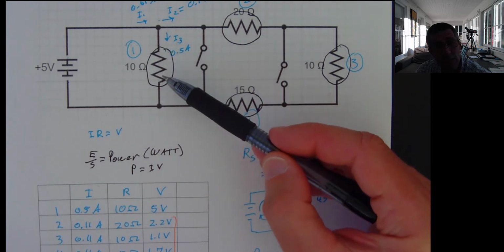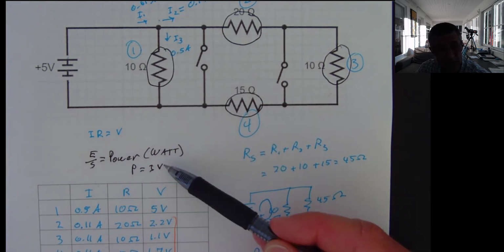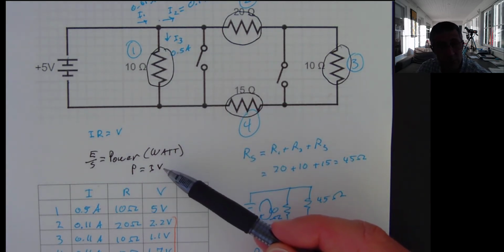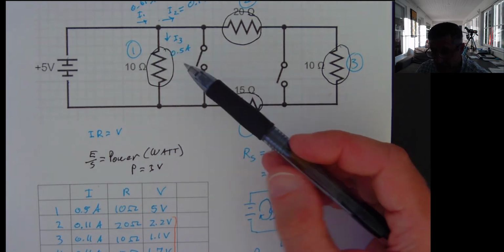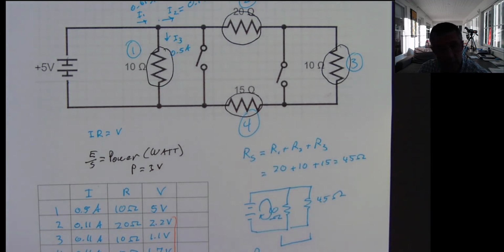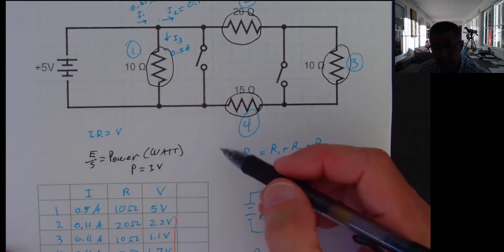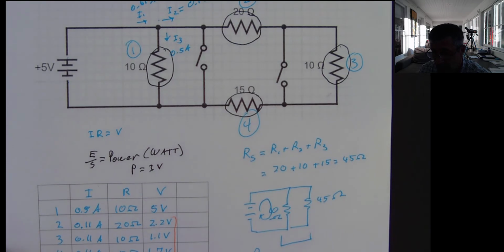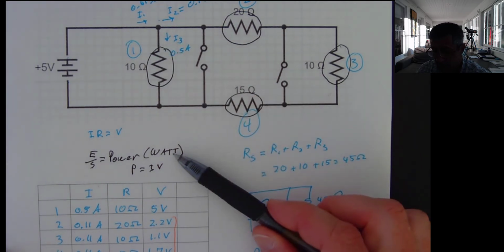Resistors by themselves, they generate heat. So every resistor is going to be losing some energy, as my charge smashes through a resistor. The special thing about light bulbs is that heat is heating up a filament, and that filament is glowing, so that some of that energy is being transmitted in the form of light. But all resistors are going to be generating power.